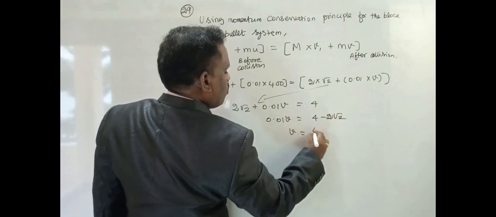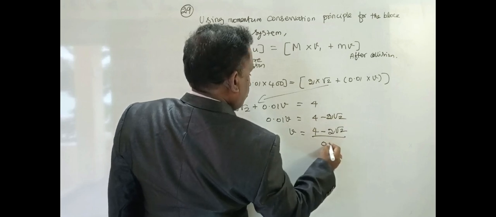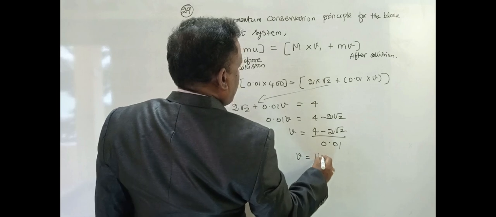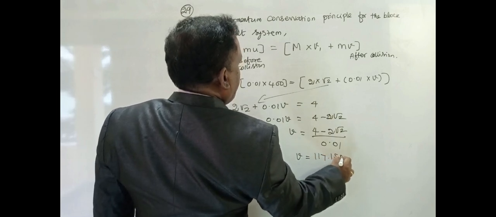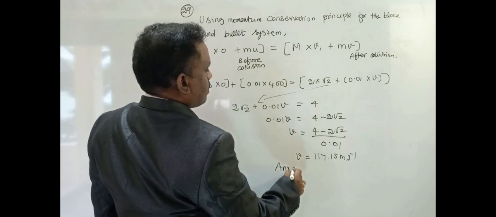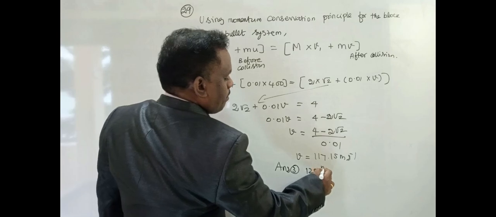So v is equal to 4 minus 2 root 2 divided by 0.01. Substitute this value, 117.15 meter per second. So correct answer option 3, 120 approximately, is equal to 120 meter per second.